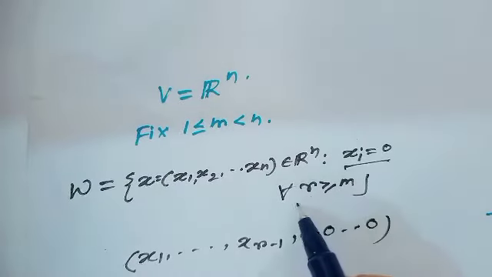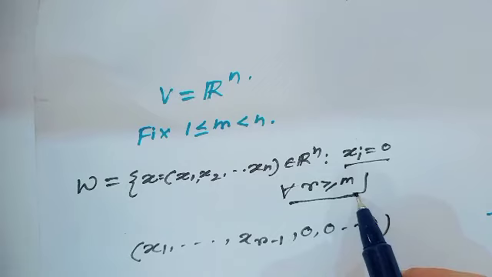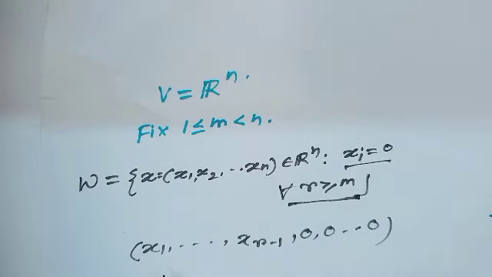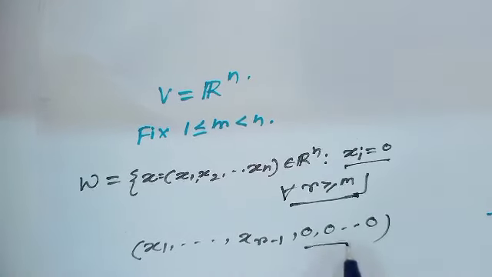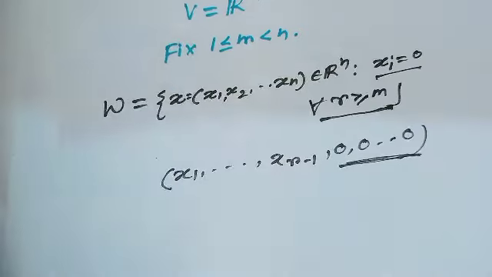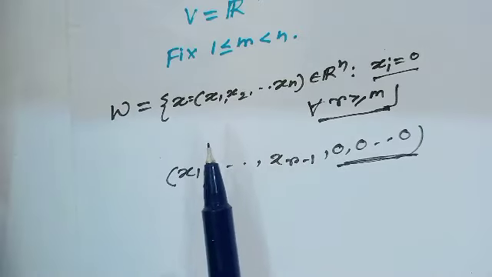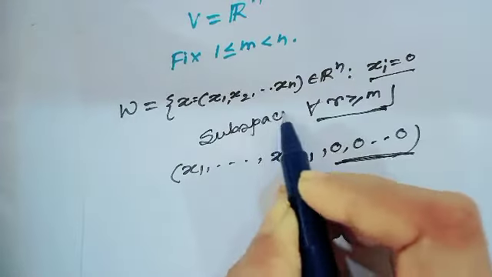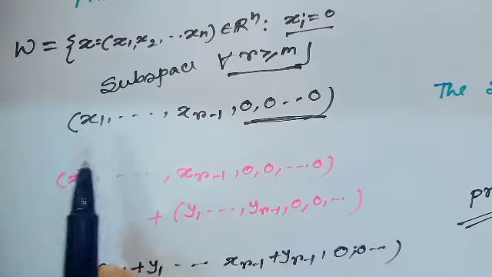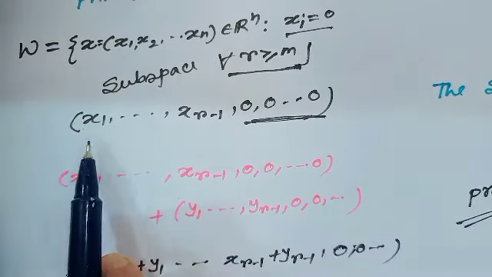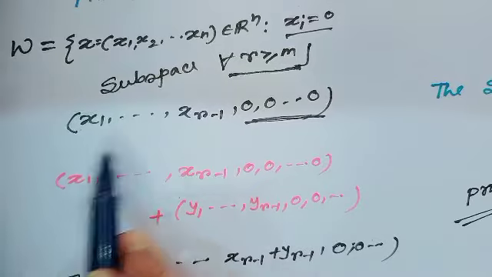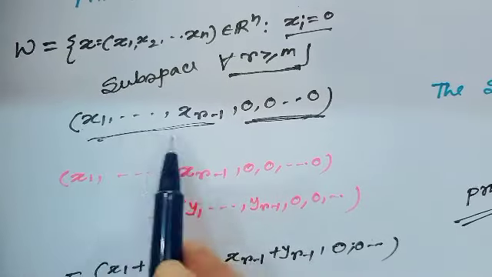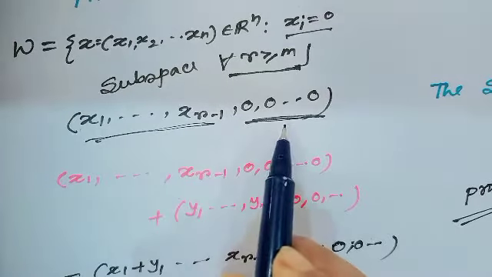Here xi equal to 0 for i greater than or equal to m means the non-zero points are x1 up to x(m minus 1), and after that the values would be 0. Now we have to check: is the set W a subspace of Rn? Let's check. For this, the element looks like (x1, x2, non-zero up to x(m minus 1)), then after that all points are 0.